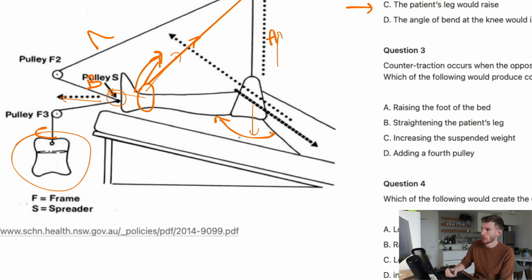So if you've got less weight pulling down, the knee is going to actually be raised up, so the leg will actually bend like this, and you'll see that the angle will actually get lower in this case, right?